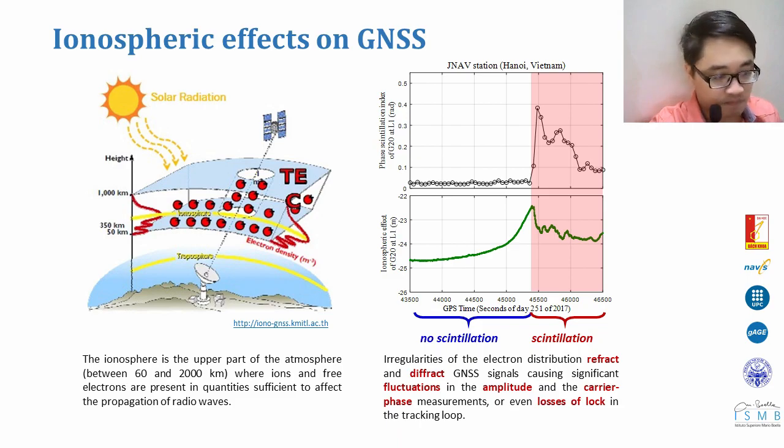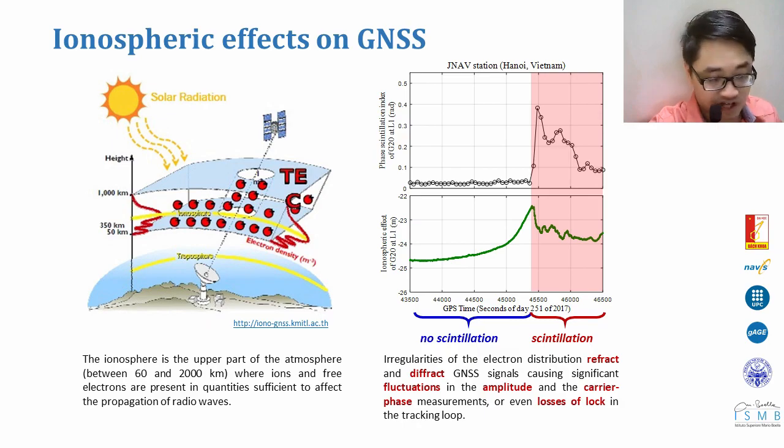Without scintillation, regular electrons gradually refract GNSS signals. This refraction depends on the frequency and can be eliminated by dual frequency receivers.